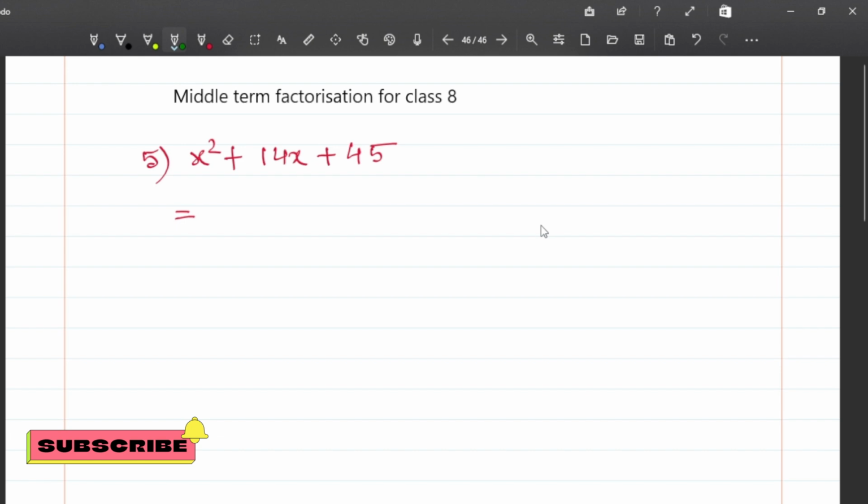Now look at sum number 5. So what is the sign before 45 here? That is positive. So we need to resolve the factors like 15 into 3, or you can write 9 into 5, and add these factors to get 14.